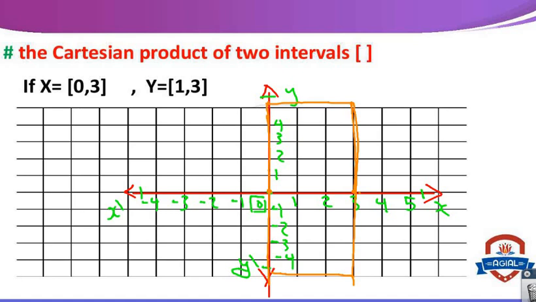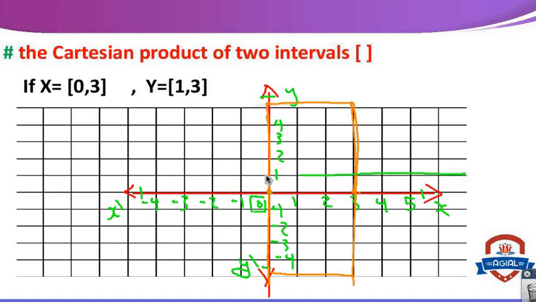The closed interval 0 and 3 represents the interval X on the x-axis. Number 2, represent the interval Y on the y-axis, 1 and 3 on the y-axis, using another color, green.